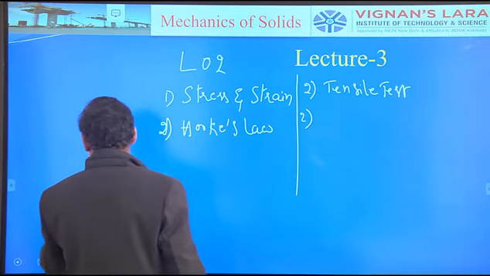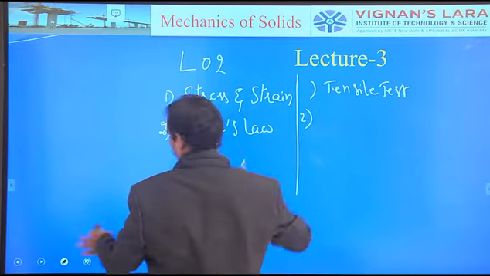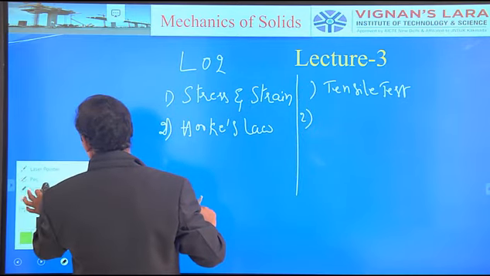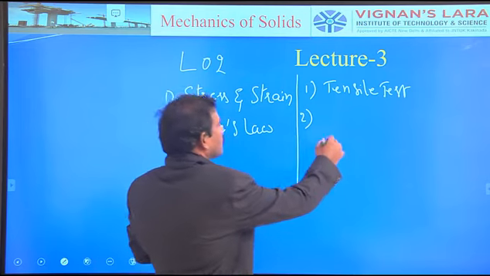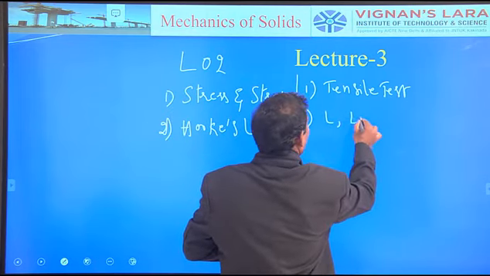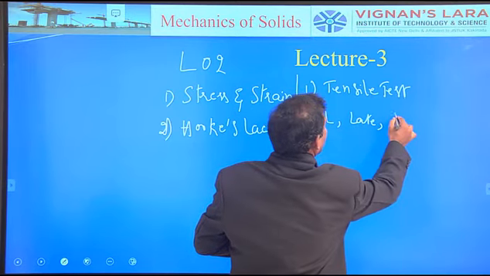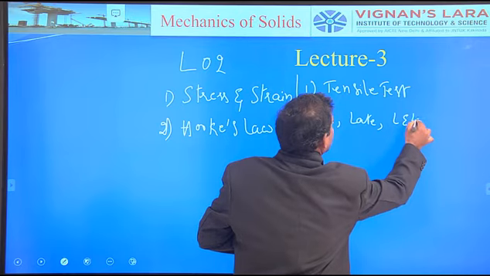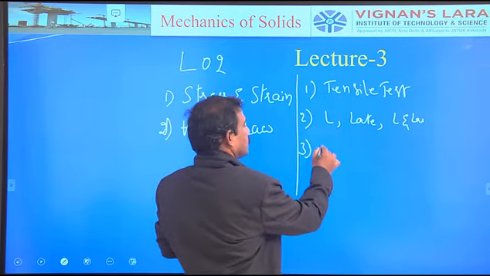The second case is the difference between the longitudinal and lateral strains, and the relation between the longitudinal and lateral strains. Then go for the numericals.